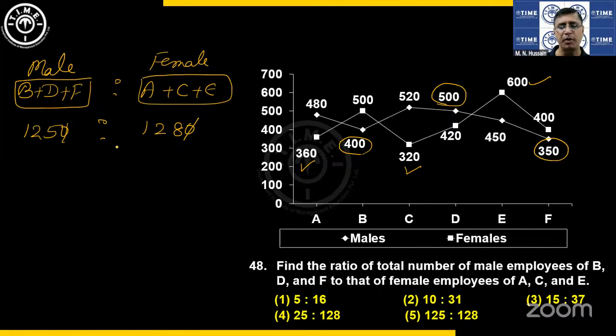Now, is it possible to simplify these two numbers? No, not possible. So what is the answer? 125 is to 128. Answer choice 5. Fifth choice is the right option. 125 is to 128.